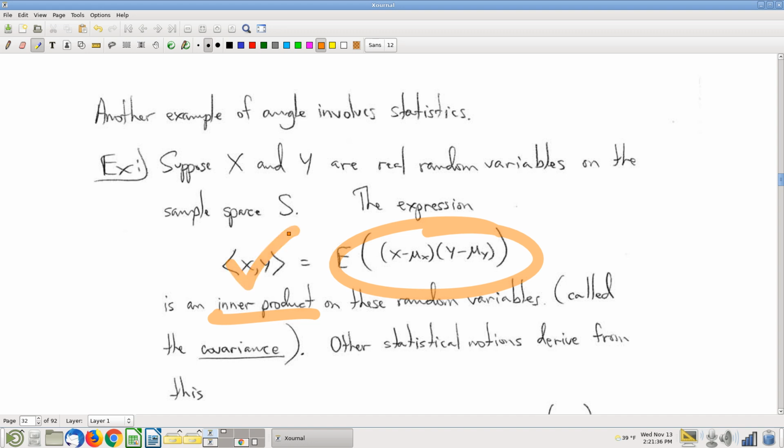So what? Something involving statistics satisfies an abstract property. Who cares that something in statistics satisfies an abstract property? Well, here's why we care.